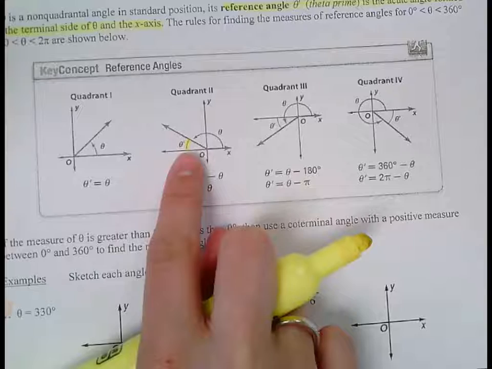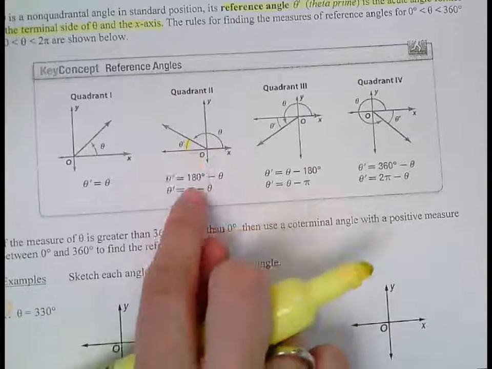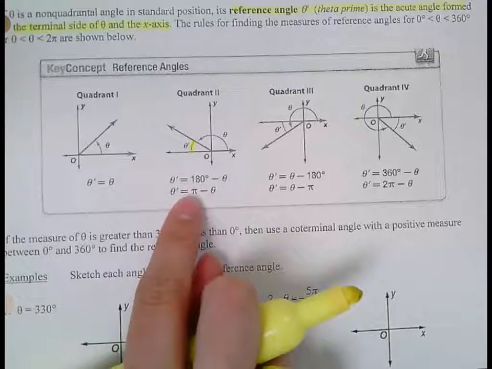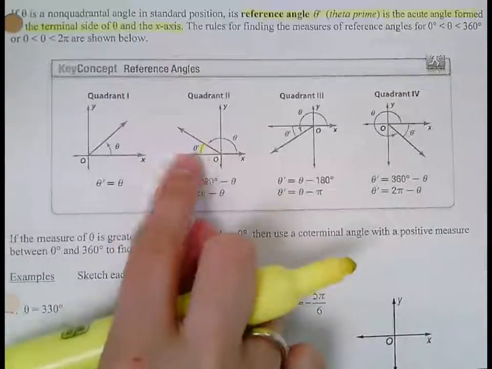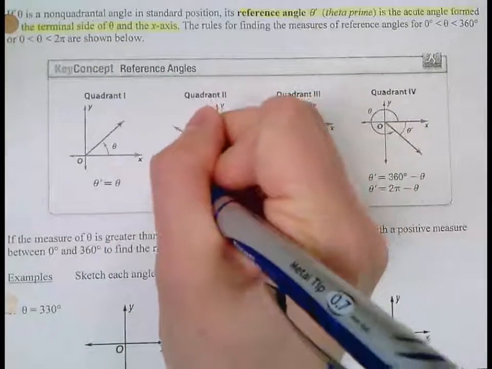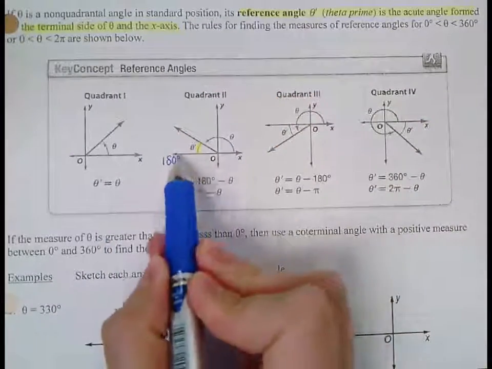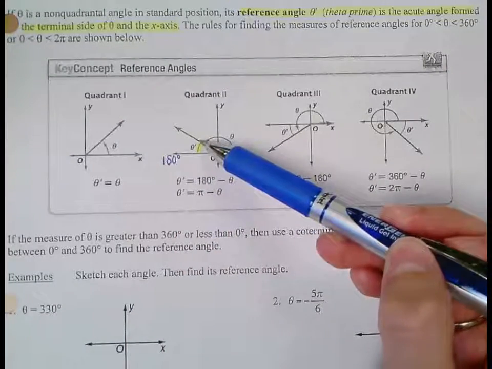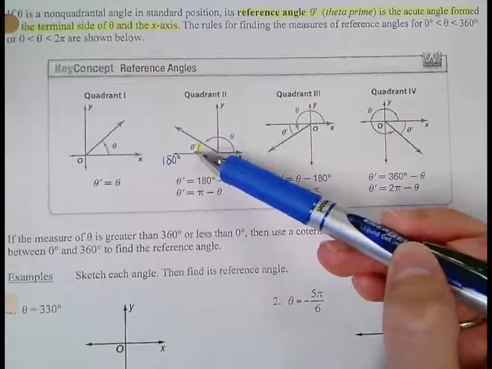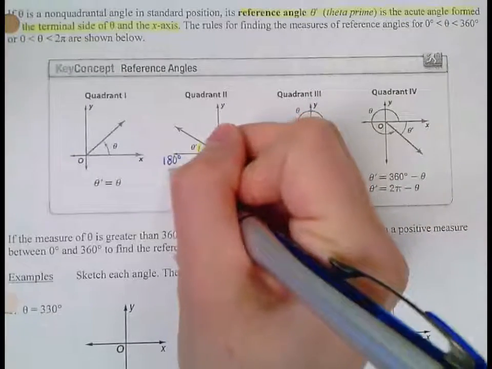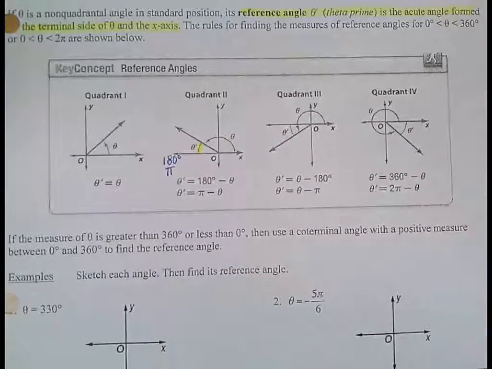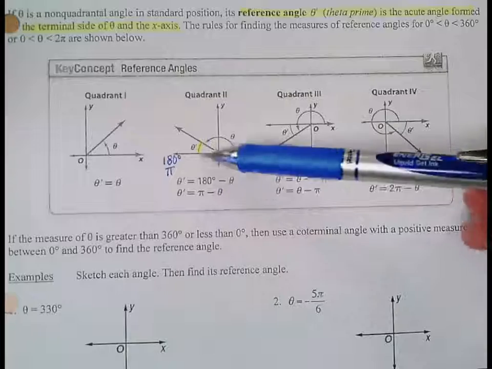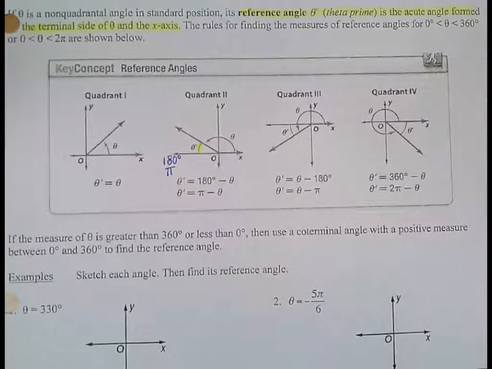To find its measure, you could take 180 degrees and subtract your angle theta. Or if you're in radians, 180 degrees is equal to pi radians, so you could take pi and subtract your angle theta to get that radian measure.